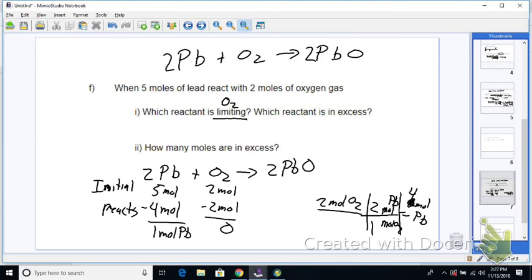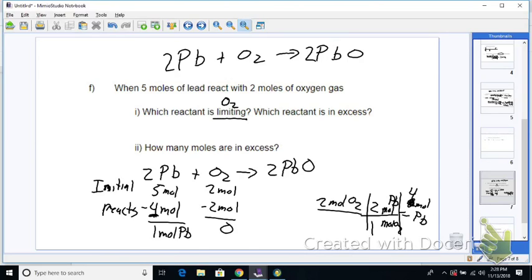Now, if I did that and picked the wrong one, let's say this here came out to be 6. So it'd be 5 minus 6, and this would be what? A negative 1. So which one would be my limiting then? Lead.